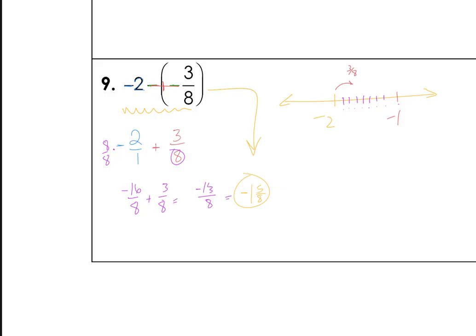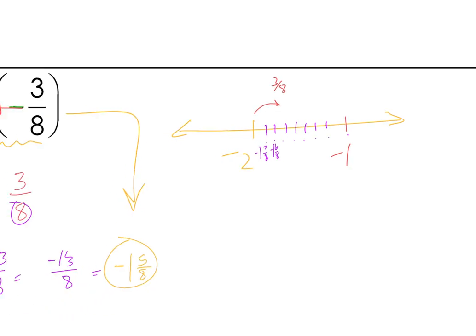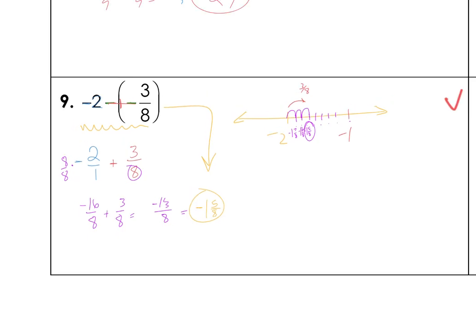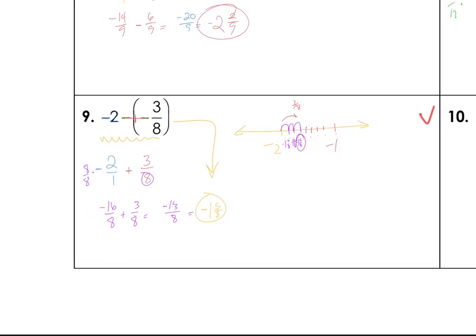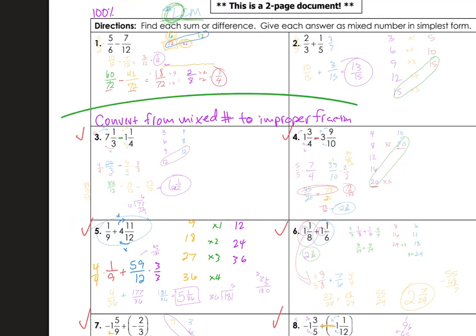Anyway, the idea is that this is like negative 1 7/8. This is negative 1 6/8, etc. Well, I guess I don't have to do etc., because the next one would be 5/8. So if I went 1/8, 2/8, 3/8, I'm at negative 1 5/8. Okay, if you were capable of doing this, then you are not the person that I'm talking to that says we must convert from mixed number to improper fractions.